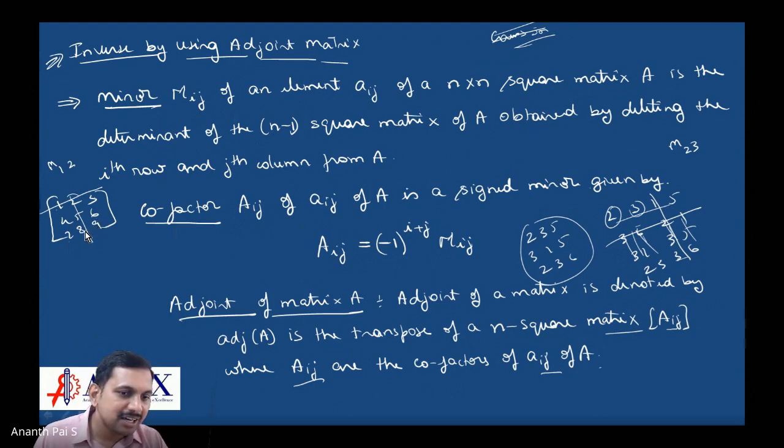So 45 minus 48 is minus 3. So it will be minus 3. Then you have to multiply by minus 1 raised to i plus j. This is 1, so it will come as minus 3 over here. Like that, that's how we have to write the whole cofactor matrix. I will tell you the things later.